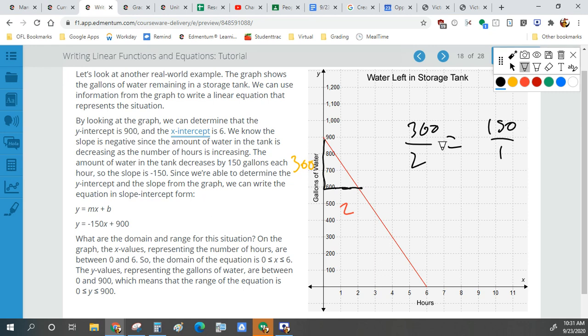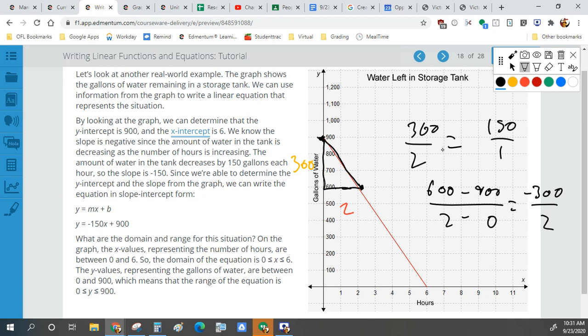This is why I like using 2 points, because you can also solve this by doing, what was it? 600 minus 900 over, since this is at 0, we're going to say 0. So 2 minus 0. So we get negative 300 over 2. Now, why is this negative?